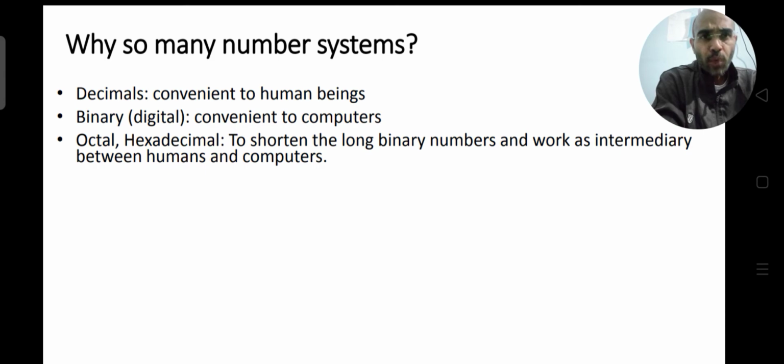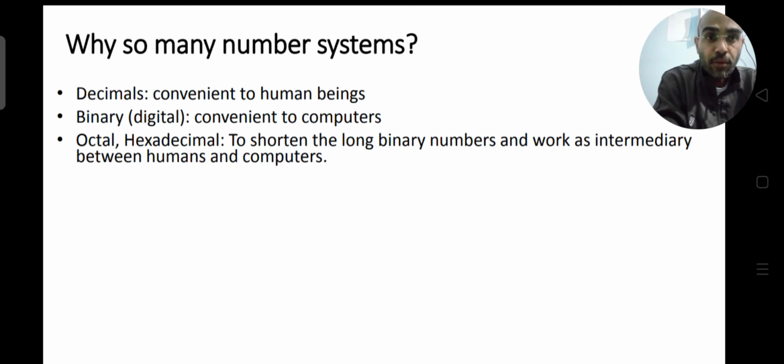So, the first point is why so many number systems are to be used in the first place. What is the reason? Human beings use the decimal number system because it has 10 symbols, and for human beings it is very convenient to multiply, add, subtract or divide in tens.